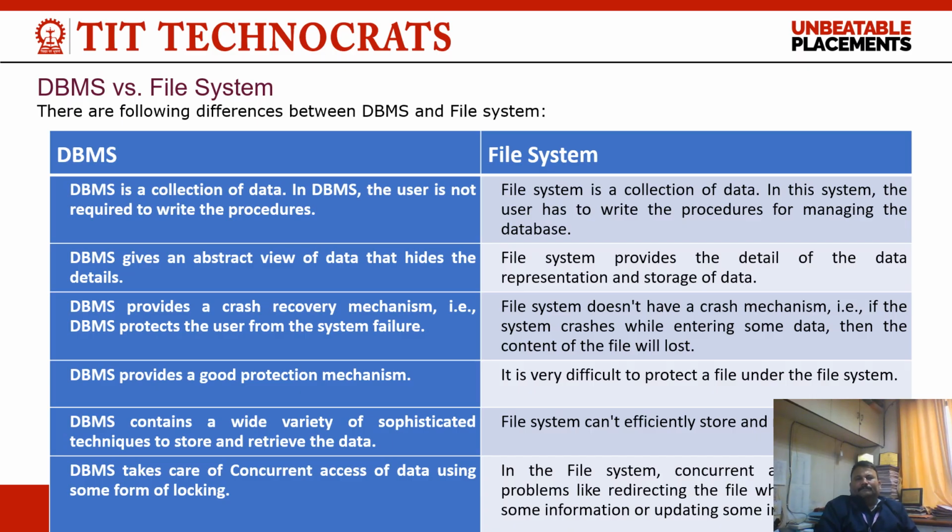If due to any reason the system crashes while entering some data, then the content of the file will be lost. Next important difference, DBMS provides a good protection mechanism, while in a file system it is very difficult to protect files. DBMS contains a wide variety of sophisticated techniques to store and retrieve the data, while in a file system data can only be stored efficiently. DBMS takes care of concurrent access of data using some form of locking, while in the file system, concurrent access causes problems.